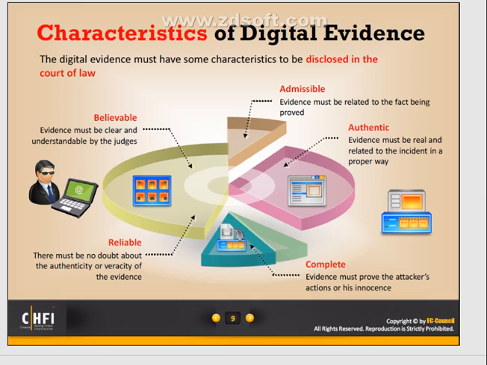We have what we call characteristics of digital evidence. Digital evidence must have some characteristics to be disclosed in a court of law. Digital evidence should be believable, reliable, complete, and authentic, and it has to be admissible.